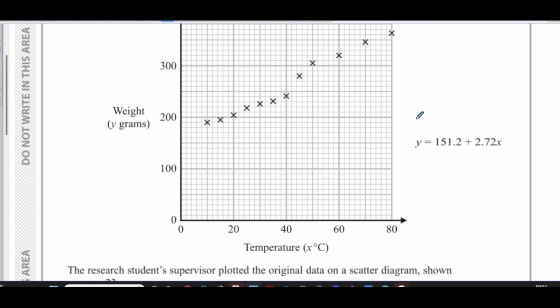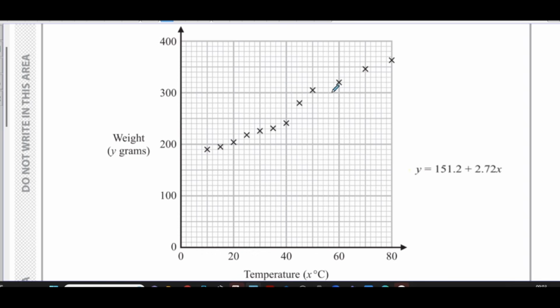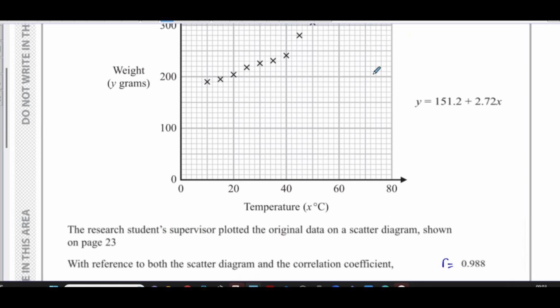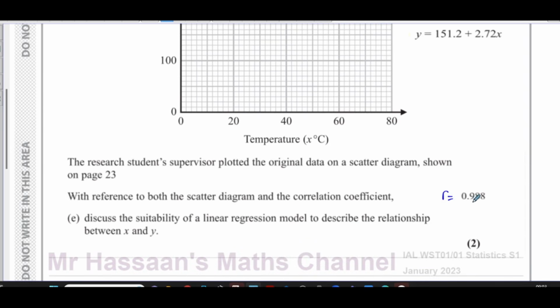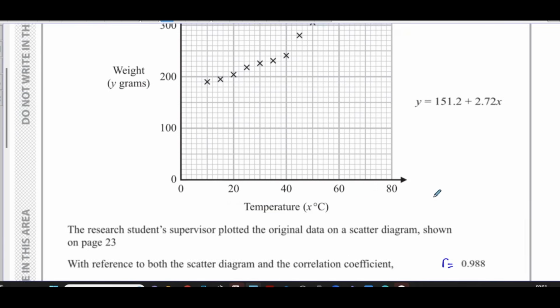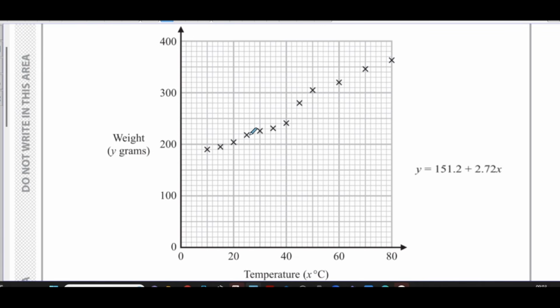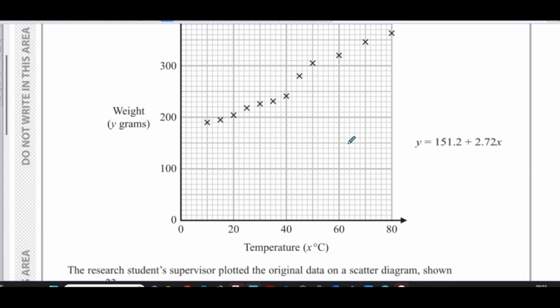And we can see that from the shape of the graph, from the shape of the dots, they're quite close to a straight line, and the correlation coefficient being very close to +1, that a linear regression model would be very suitable, because the value of r is close to 1, and the points are very close to a straight line.